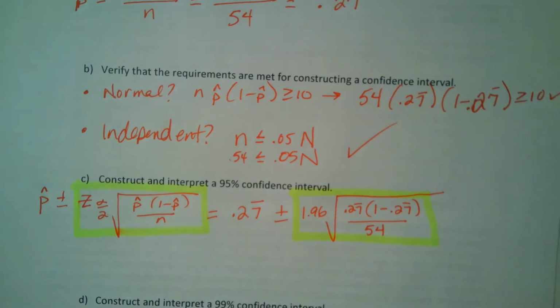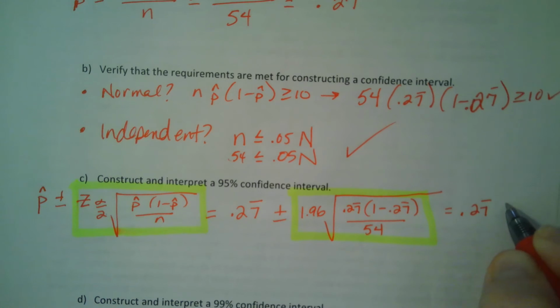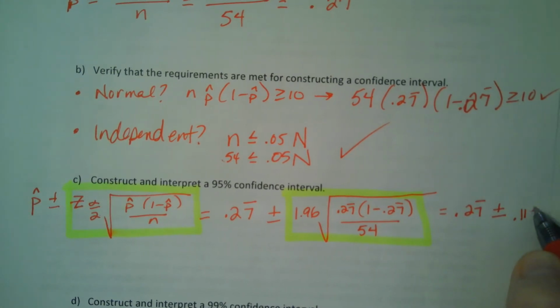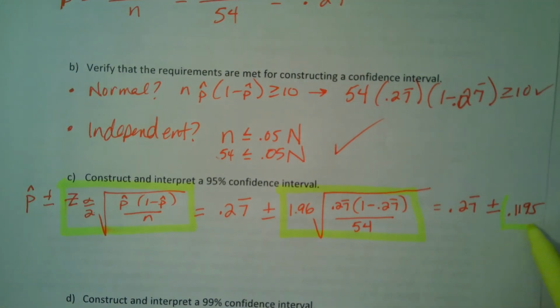Now I'm going to put all of that in my calculator, and I'm going to get 0.27 is my point estimate, plus or minus my margin of error, which is 0.1195. And again, remember, this is my margin of error.